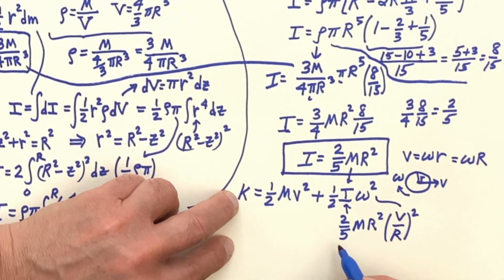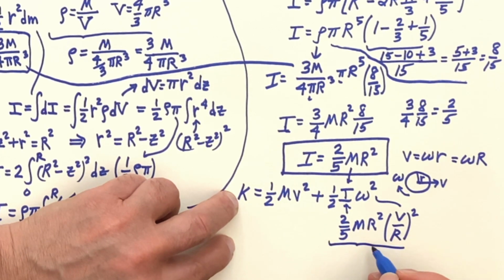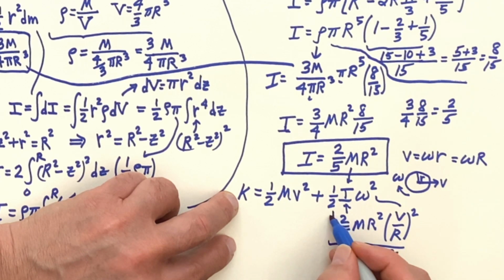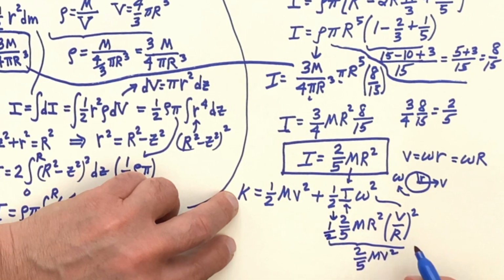And you're going to find for this term here, you're going to have the 2/5 m v squared. Now we need to notice that there is a 1/2 in front here. That will come down here.